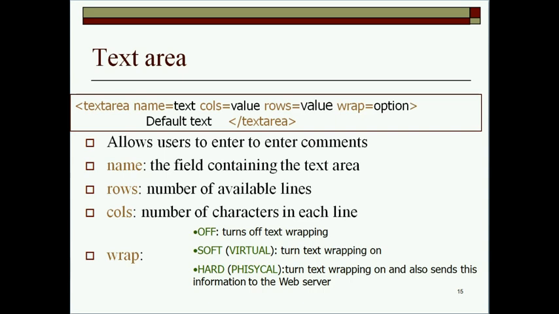Soft will turn text wrapping on, and hard will turn text wrapping on and also send this information to the server. The soft will wrap the text to fit it within the text box, but it will not include this wrapping information when it submits to the server.